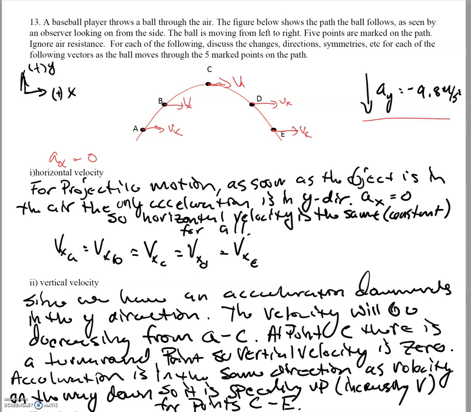So with that, we know that on the way up, the velocity is positive in the y direction, because that's what's causing the ball or the object to move up. So we have a large v sub y to start, and then we have a little bit smaller, and then at our peak, we have v sub y equals 0.